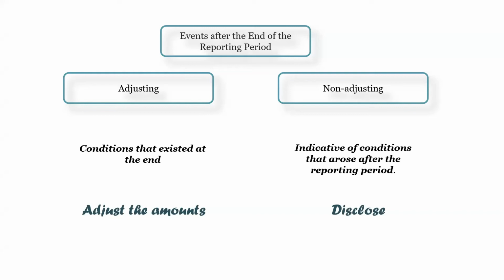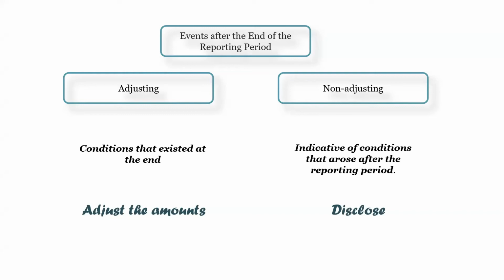So, that is an example of adjusting event. Although yung court case nasettle siya after the end of the reporting period, pero at the end of the reporting period, meron na dapat yung provision kasi meron na siyang present obligation.